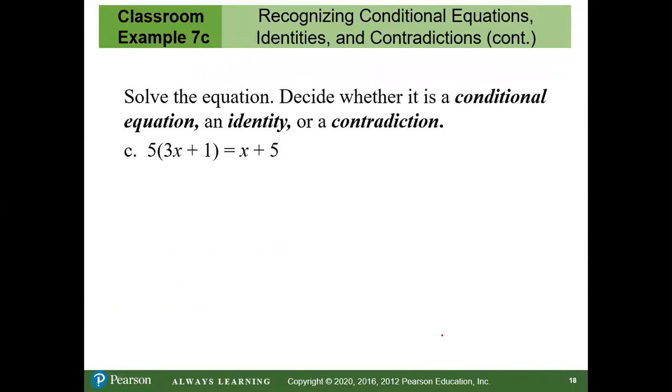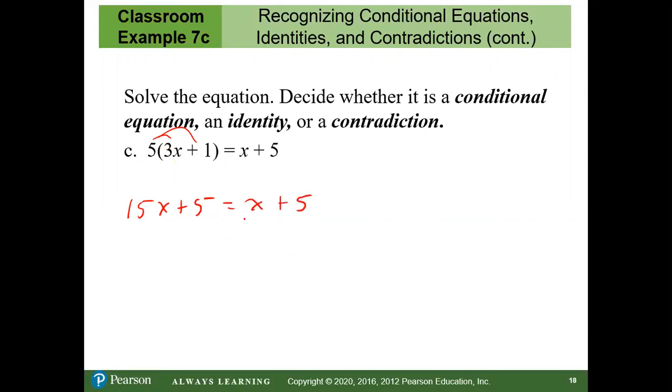Okay. All right. So let's solve the equation and then decide whether it's conditional, identity, or contradiction. So we'll solve this real quick, and I'm starting to lose interest in this section because I feel like we're probably getting the hang of this at this point. So let's do 15x plus 5 is equal to x plus 5.